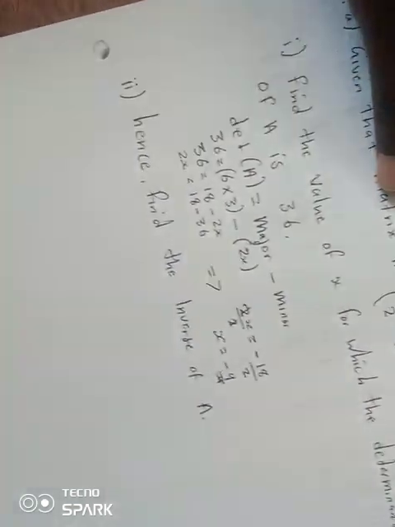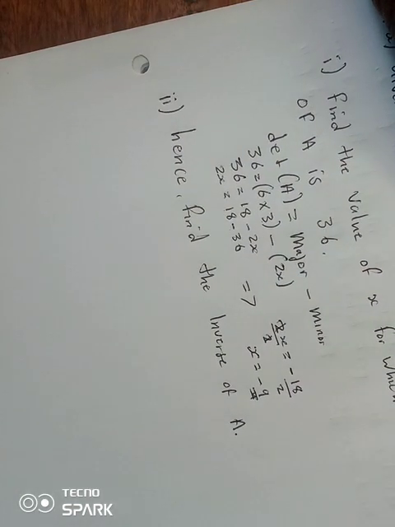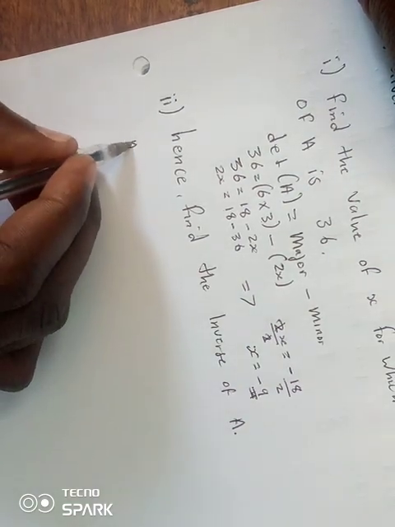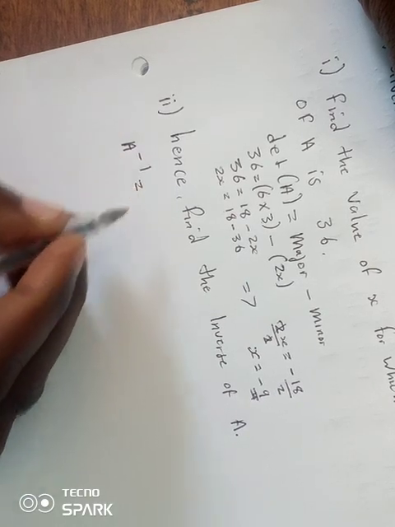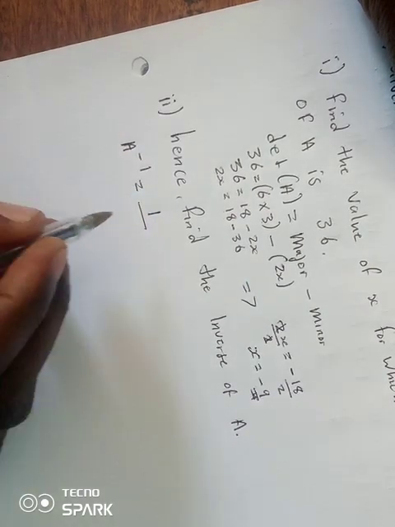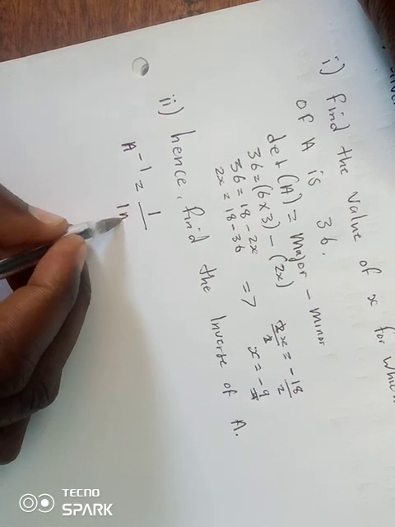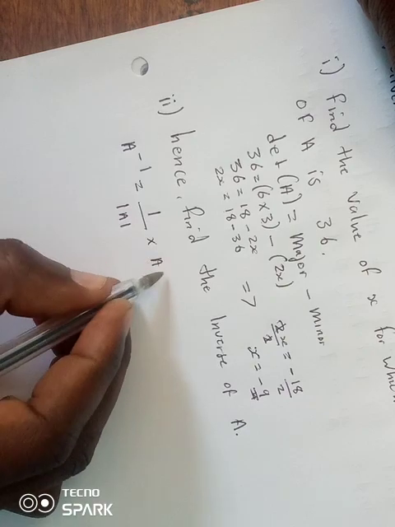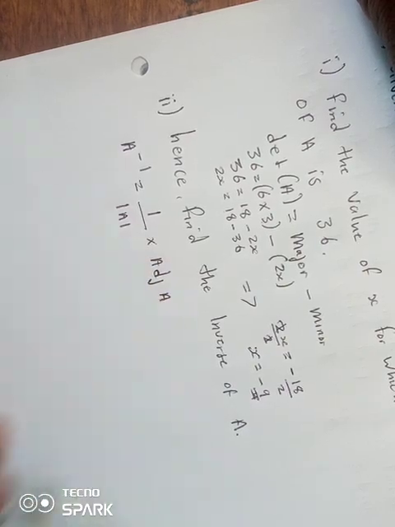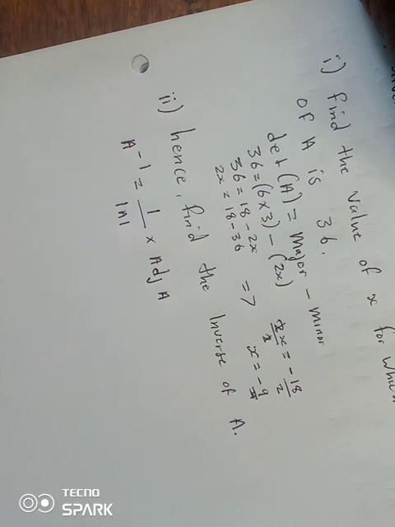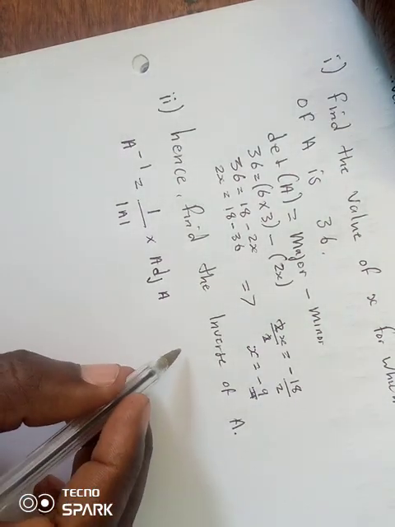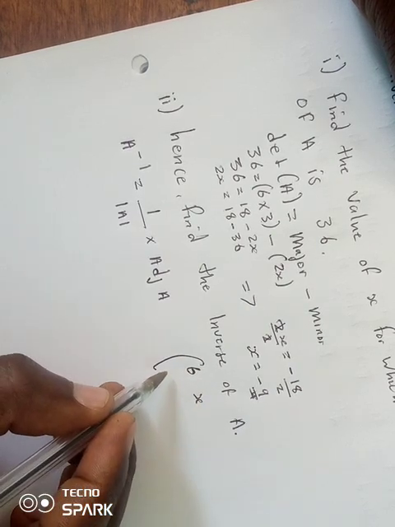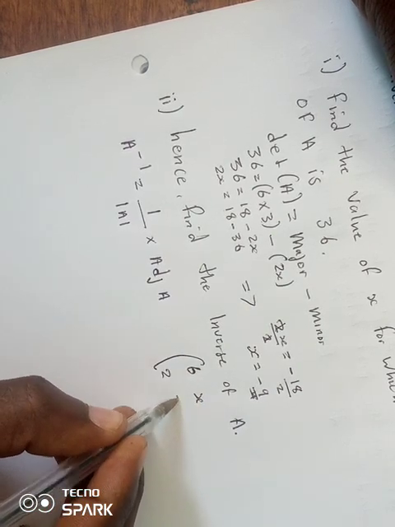Okay, let's go to B. B says, hence find the inverse of A. The formula for the inverse of A is A inverse equals 1 over the modulus of A, or the magnitude of A, multiplied by the adjoint of A. What we have is the actual matrix, 6 x, 2 3.